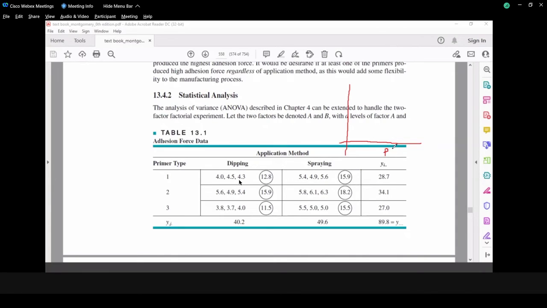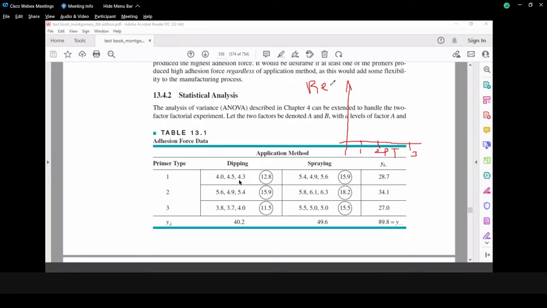Primer type has 3 levels: 1, 2, and 3. And then here you have the response, the mean. This is your response.